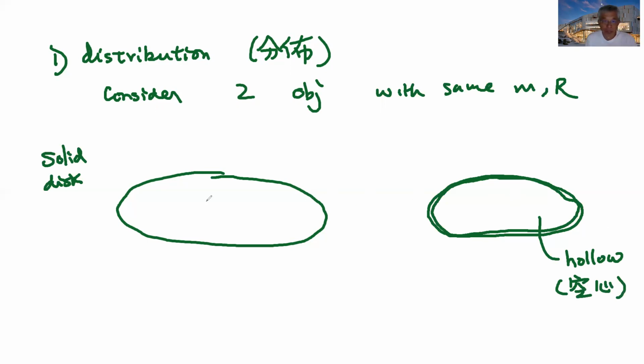But the R is the same. Let's just draw the R right now. The R is the same. The mass is the same. This is M, and this one here, all the mass is on the outside.